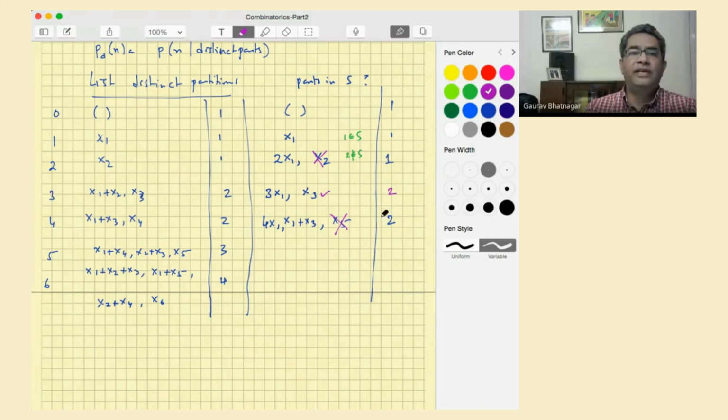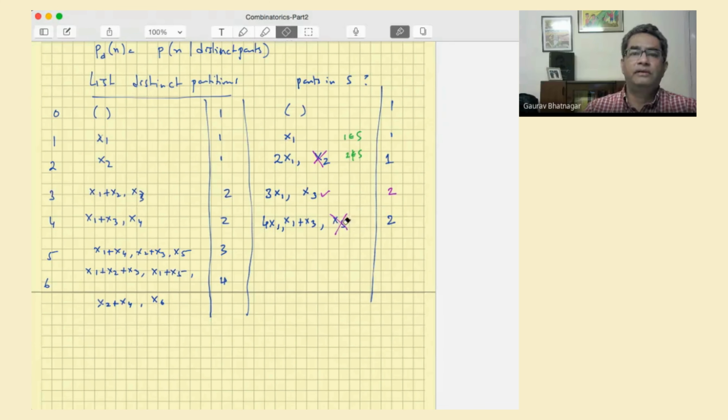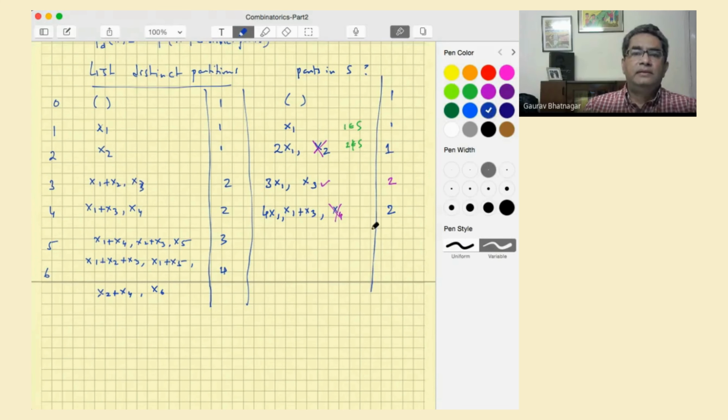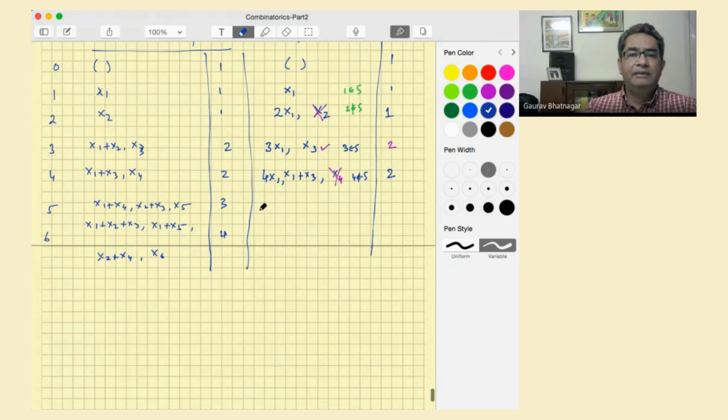So, Professor, I think you meant x4. Sorry. So I can't have x4. So that means 3 is in S, but 4 is not in S. And I keep going on. So this is 5x1.